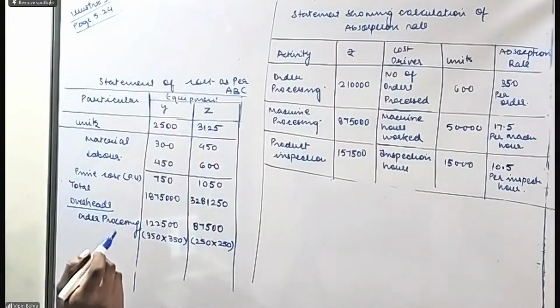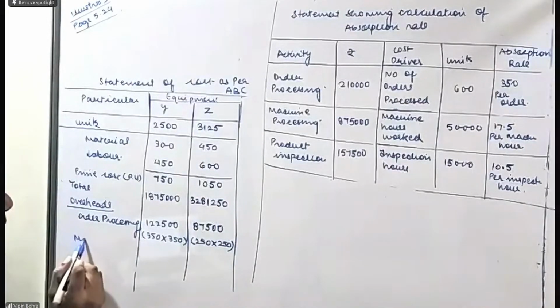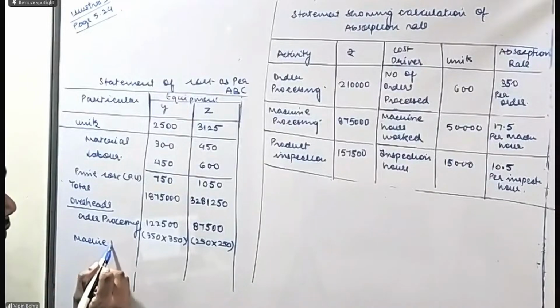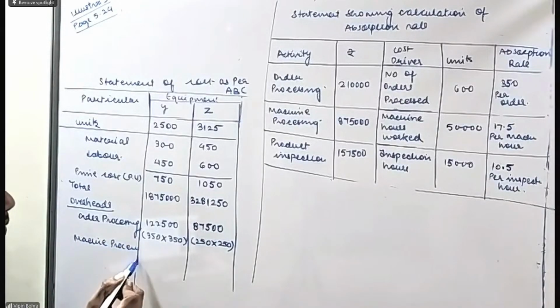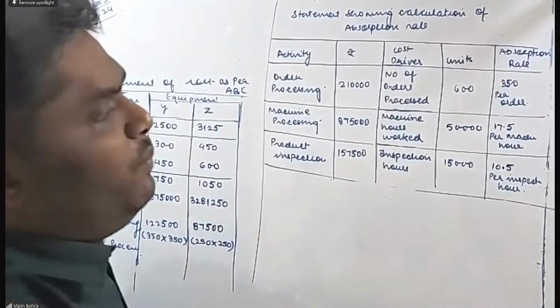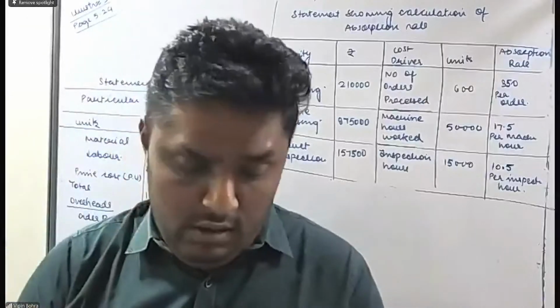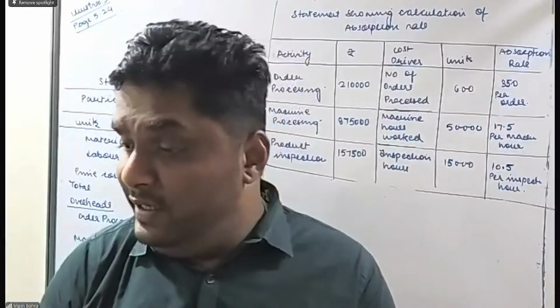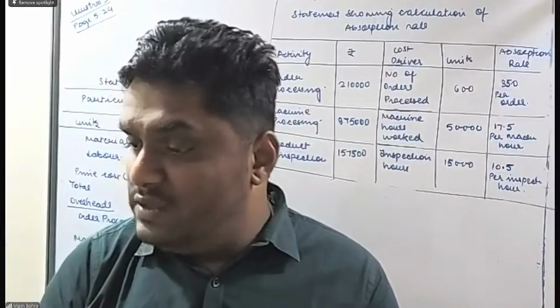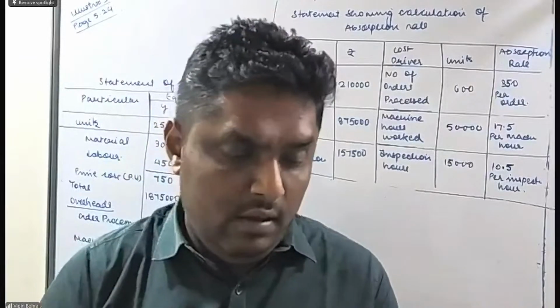The next cost is machine processing. It is 17.5 per machine hour. So 17.5 into total hours worked, in case of Y it is 23,000.